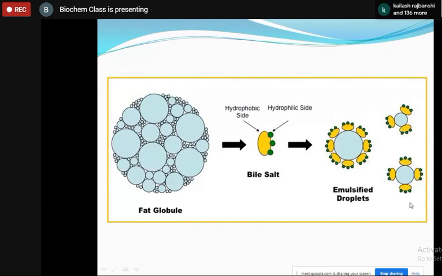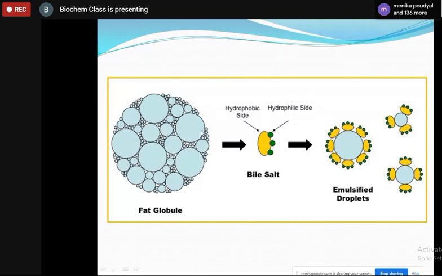So this process of separation, breaking down of the big fat globule into smaller pieces, is termed emulsification. Because of this emulsification, these tiny droplets are getting separated and are being acted upon by the fat digesting enzyme.